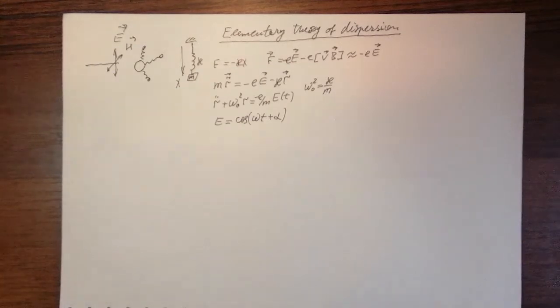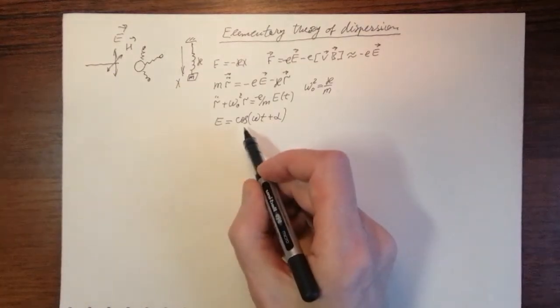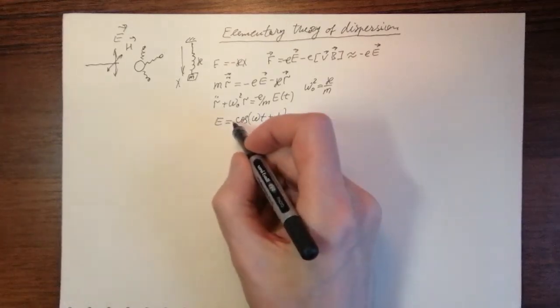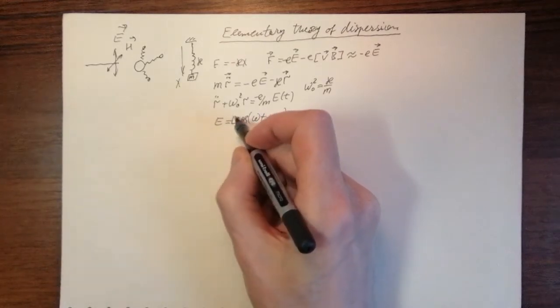Now, if we substitute this... Okay, here I omitted some amplitude. The amplitude should be E0.